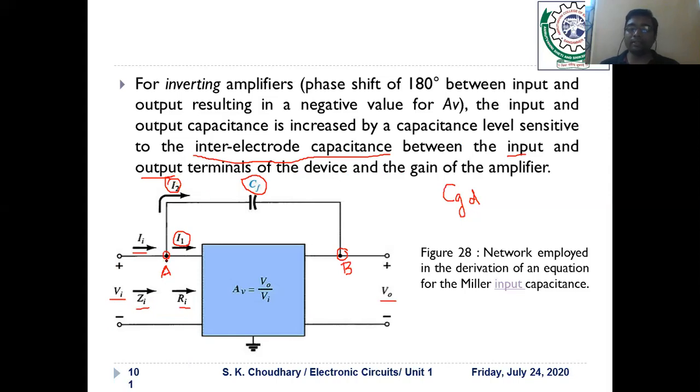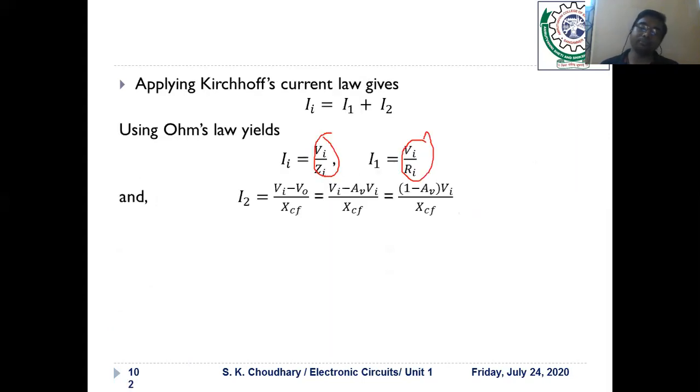That is the voltage difference of Vi minus V0, or V0 minus Vi, whichever way you take. The difference of the input and output voltage, upon the reactance offered by this capacitor, would be responsible for defining I2. So we will see that here.